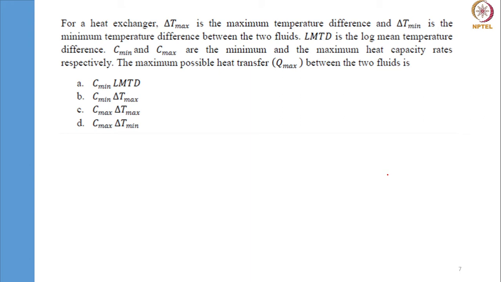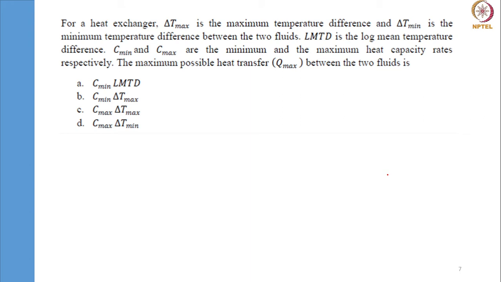So I have one more question for us. For a given heat exchanger, let us assume that we have delta T max and delta T min between two fluids. LMTD is the logarithmic mean temperature. We know Cmax and Cmin.